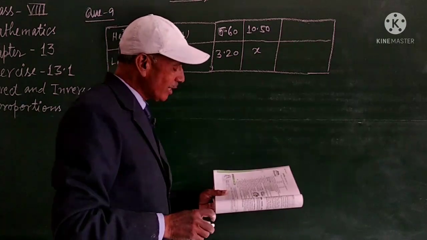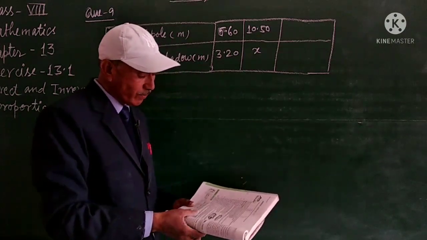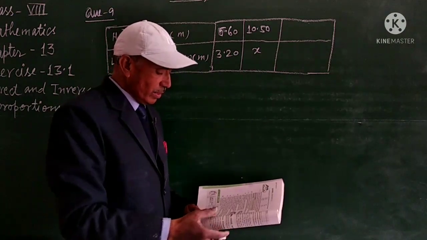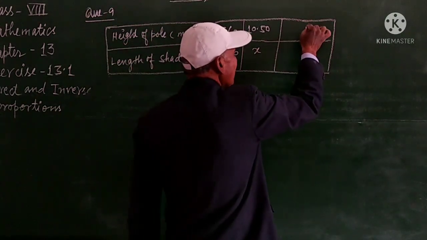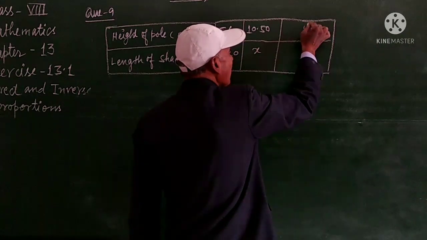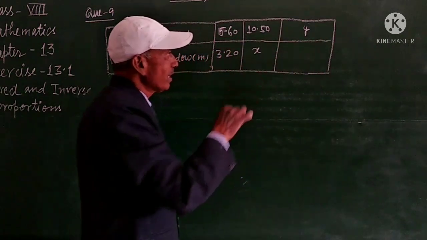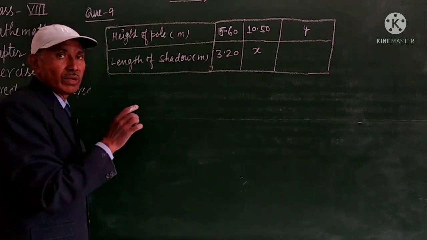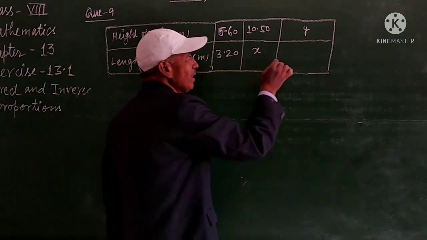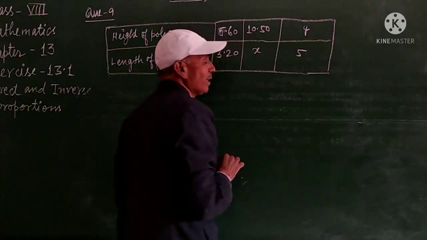And another thing that is asked in this question, the height of pole, let this height of pole be y, and the length of the shadow at that time is given, that is 5 meter.